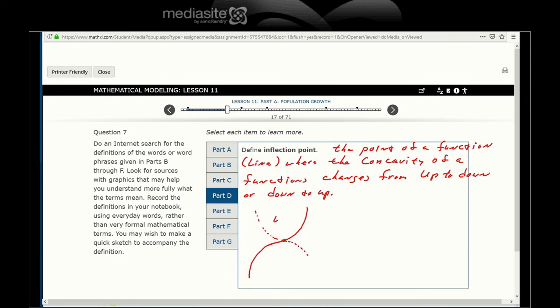So here I have up, and here I have down, and that inflection point is where it changes. So inflection point: a point of a function where the concavity of a function changes from concave up to concave down, or down to up.